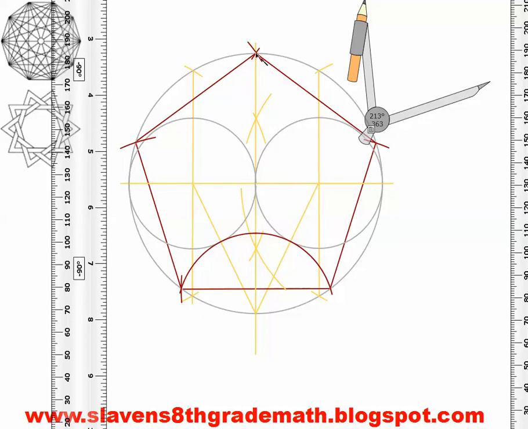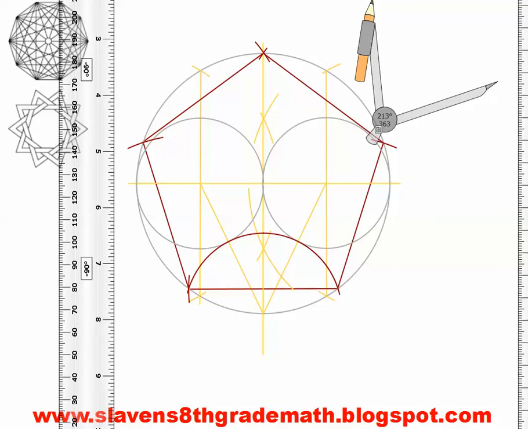Now, we have a couple options. But before we go any further, let's erase some of these construction lines so that it's easier to see what you're doing. So what I'm going to do is I'm going to erase that red arc. I'm going to erase my 2 smaller circles.